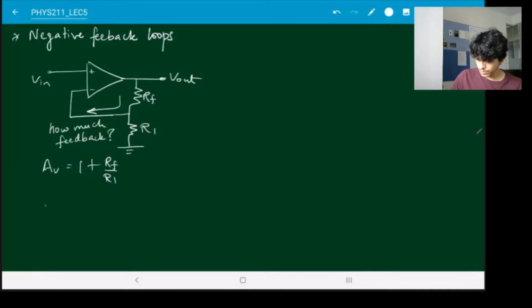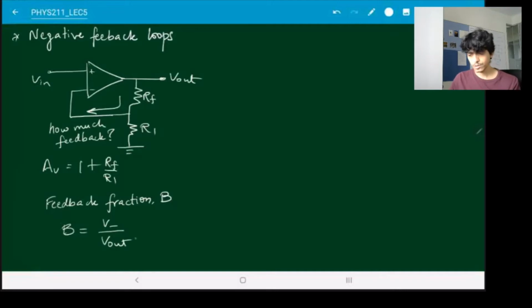So let's define what is called the feedback fraction B. So B is V minus divided by Vout. So V minus, which is the voltage over here, is just Vout R1 divided by R1 plus RF, divided by Vout.